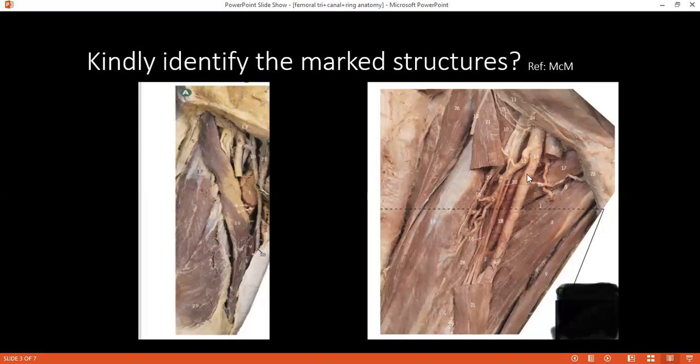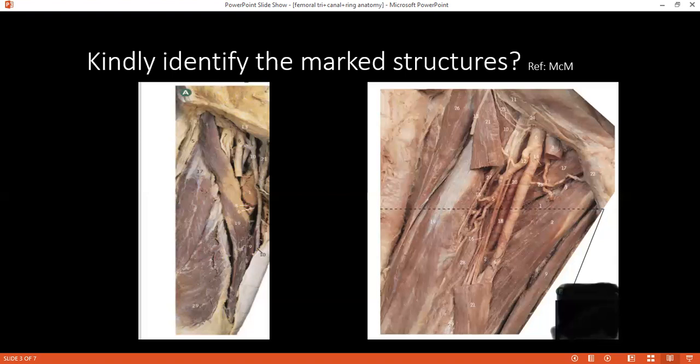Okay. Can you identify this structure over here on the right-hand side, please? Number 6, it is the femoral artery. Very good. And 8 is the femoral vein, because of the color.